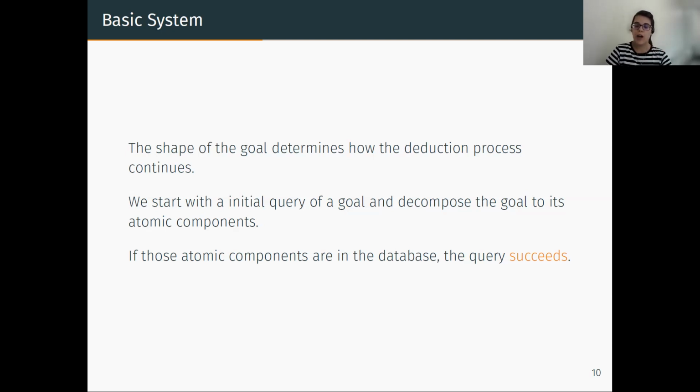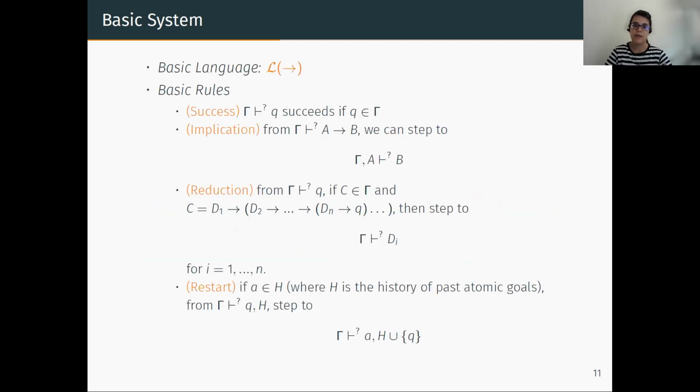So what are the rules in this basic system? We're going to have, again, an implicational language, and we're going to have some basic rules that are going to be modified for my approach, but it's nice to understand how the system works.